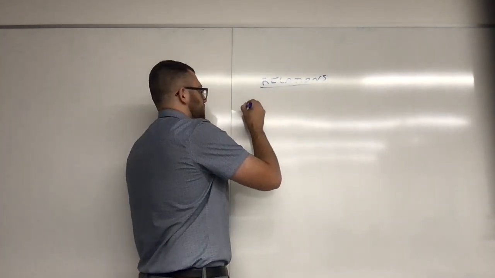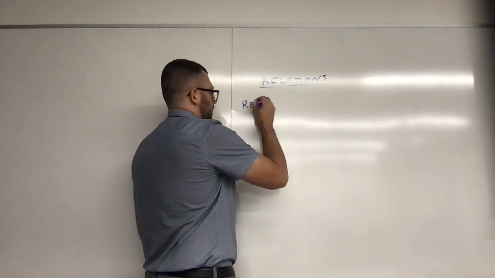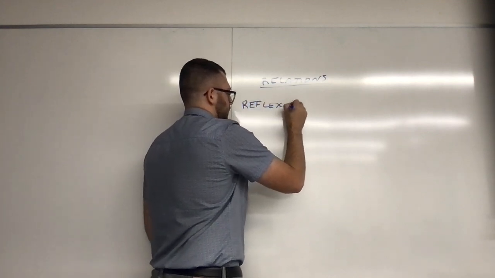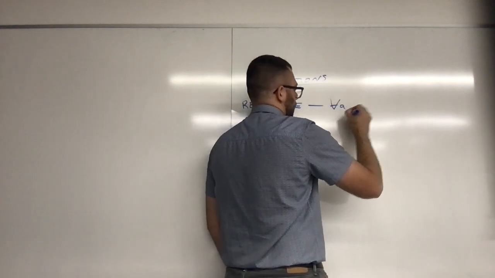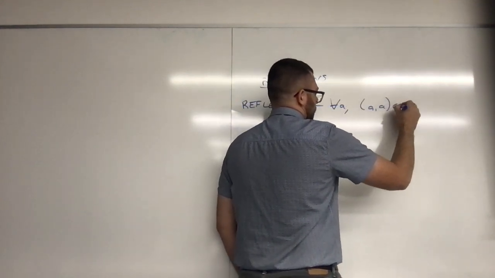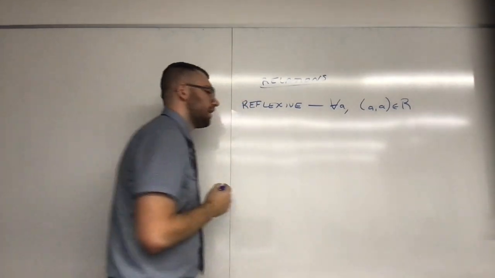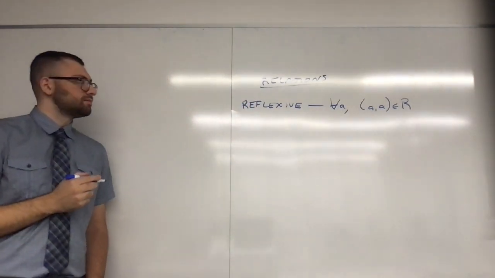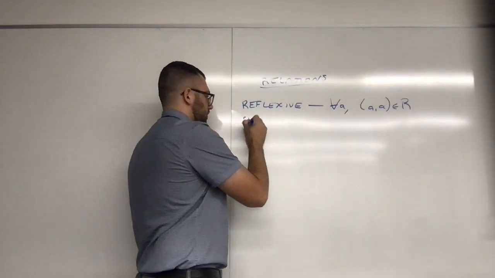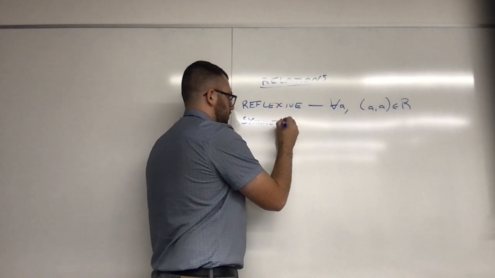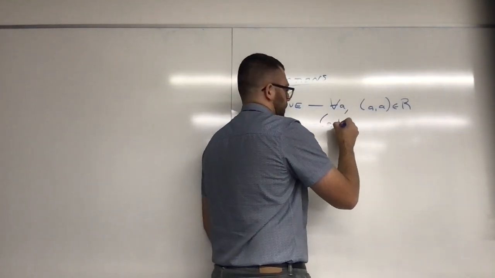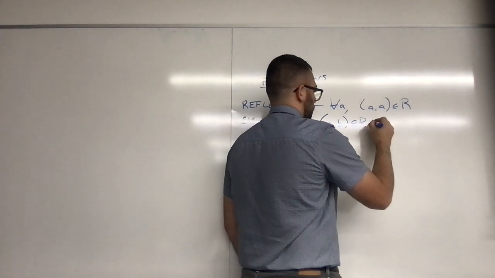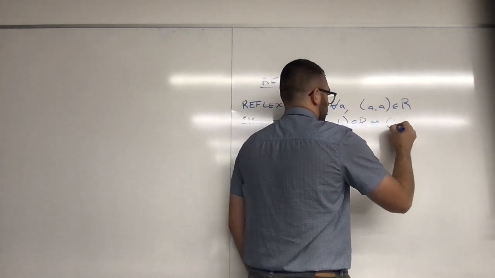There's a few special kinds of relations. A reflexive relation means that for all A, A with itself is in the relation, or A is related to itself. Symmetric means that if (A, B) is in the relation, then (B, A) is in the relation.